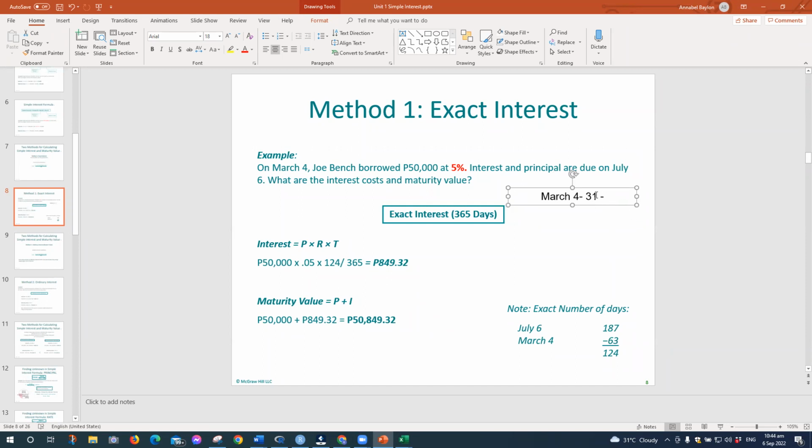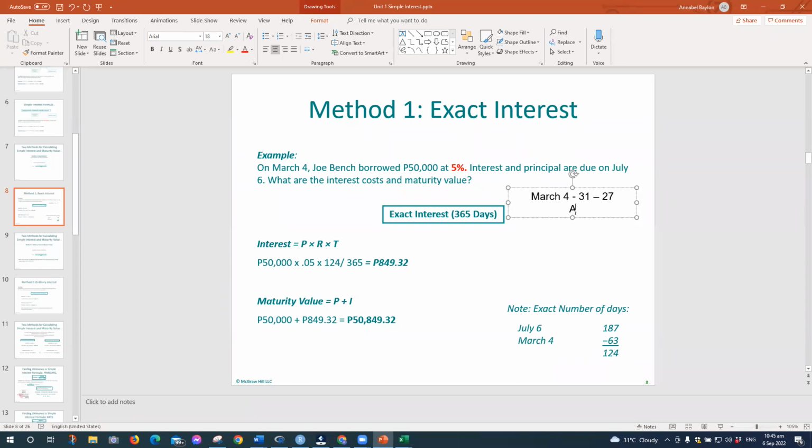Anyone, class? How many days? Is getting the difference correct? 31 minus 4. Let's see first.